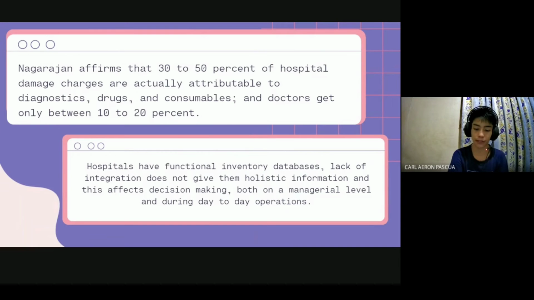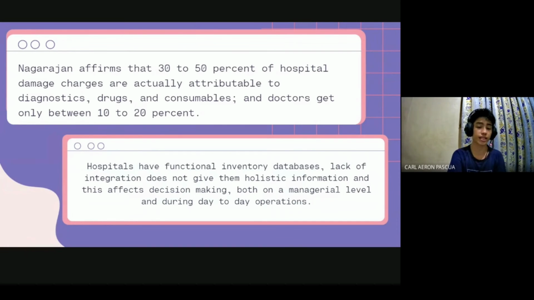For both hospitals and patients, drugs and consumables take up the bulk of expenditure, which is why materials management is critical for hospitals to optimize the investments in these kinds of consumable assets.